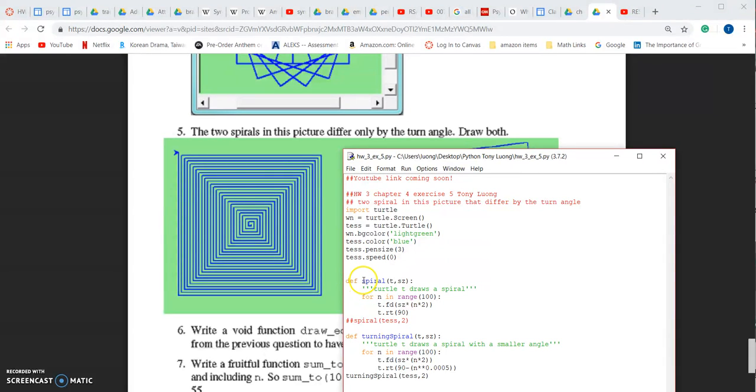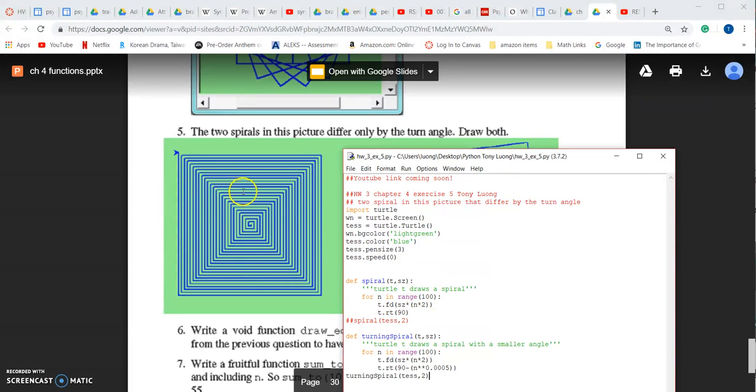I made a definition spiral of t comma size, so turtle t draws a spiral, and then I used a for loop with range of n of 100, because counting off I got 25 going this way, and there are four sides of lines, so times 4, so like 100 lines.